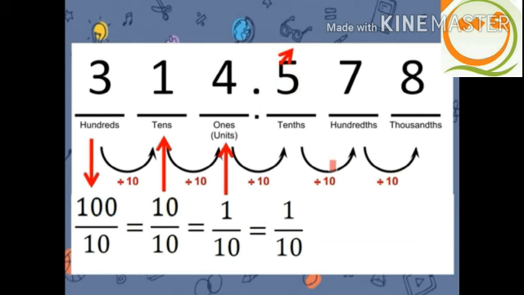So I will get the place value of the next digit, which is 7, by dividing 1 over 10 with 10, which will give me 1 over 100, which is the place value of 7. So can anyone tell me what will be the place value of 8? Yes, the place value of 8 would be 1 over 1000.